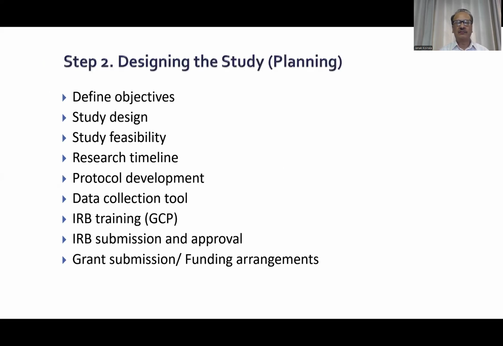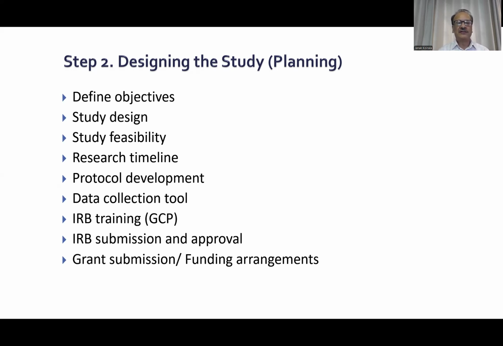So when we are going to the next step after we have conceptualized what research we want to do, then we have to start planning or designing the study, which will consist of defining objectives, primary objectives, secondary objectives, specific objectives, aims, research aims, etc., that we'll learn later on.